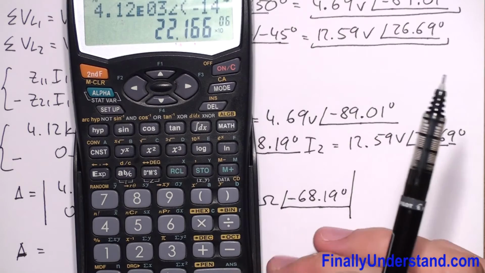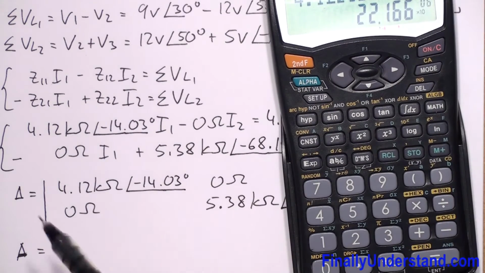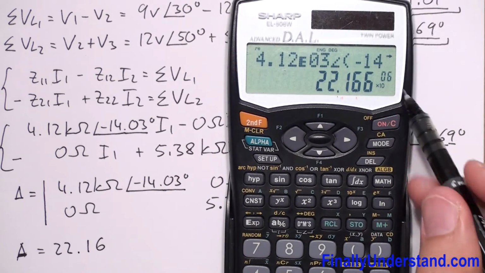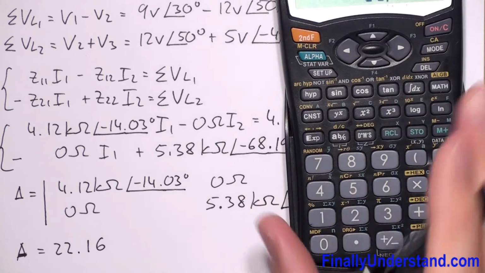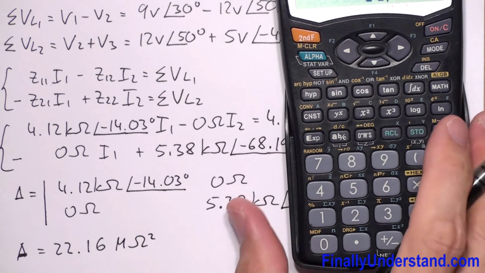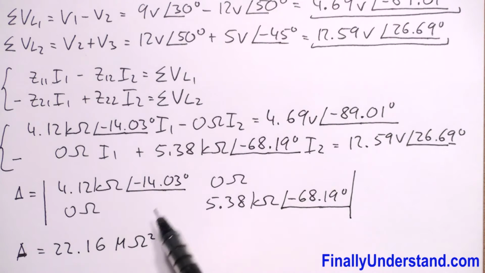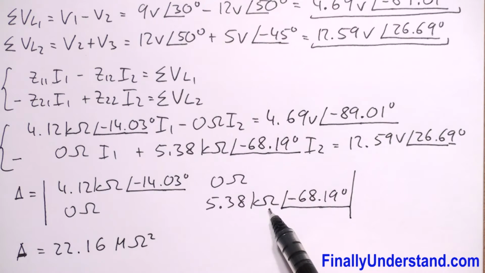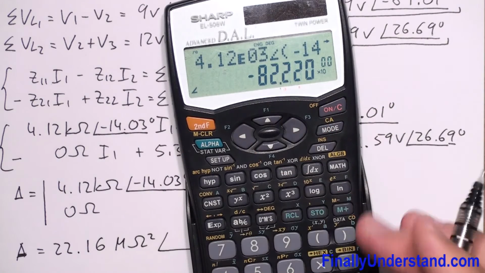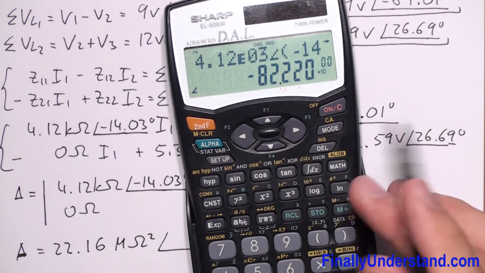This is equal to 22.16 times 10 to the 6, so this is mega ohm square. Why ohm square? Because I have ohm times ohm, which is equal to ohm square. Okay, and my angle is negative 82.22 degrees.